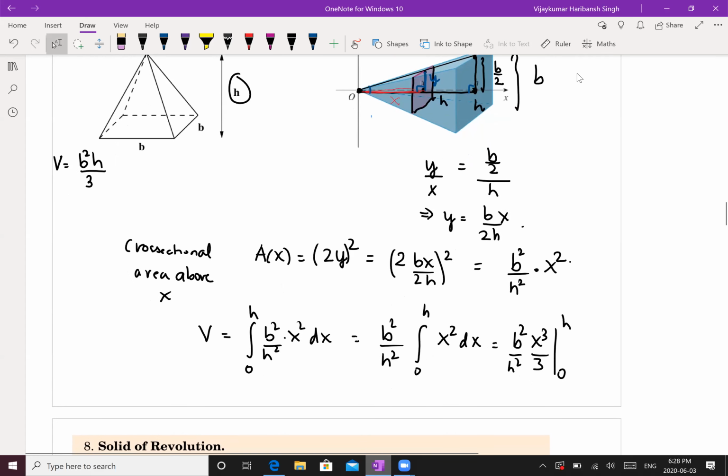When you put the h in, you get b square h cubed by h square times 3. The h and h square will cancel. So we get b square h by 3, which is what we expected.